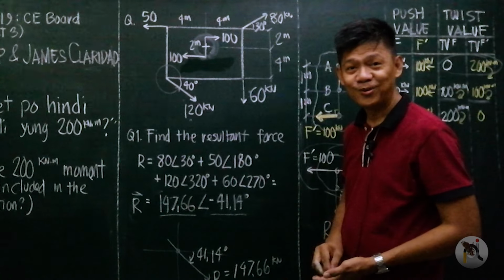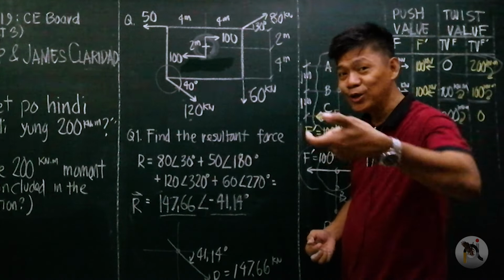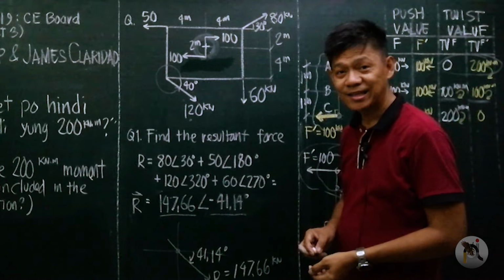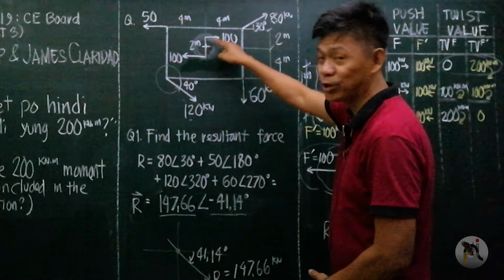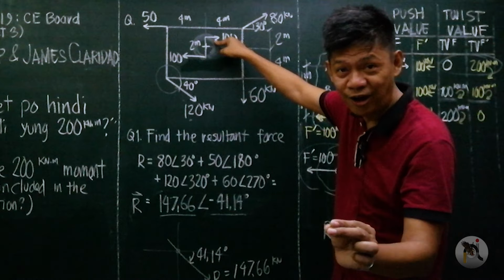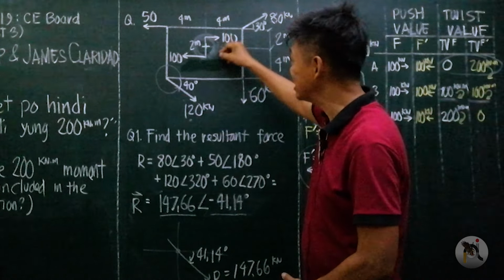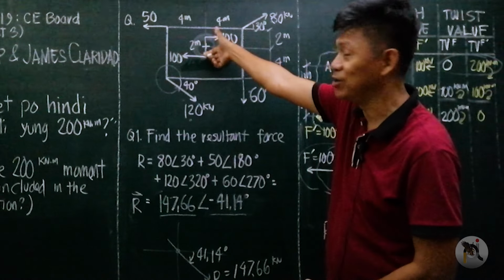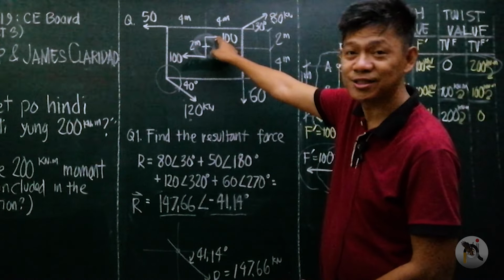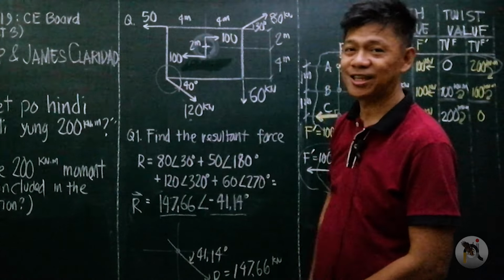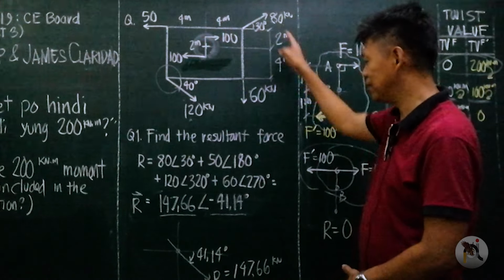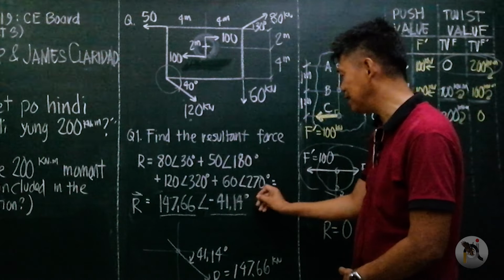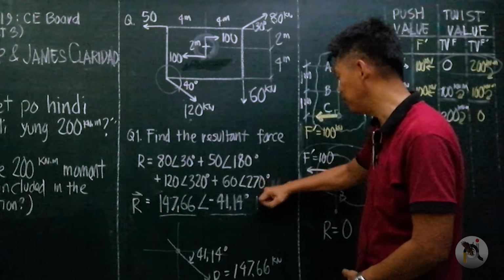You follow? A pure twisting force may be taken as opposite forces we call couple, so that their resultant push value is 0, but the twist value is equal to the force times their distance. So when you draw this, find the resultant of the force, you add here the push value.